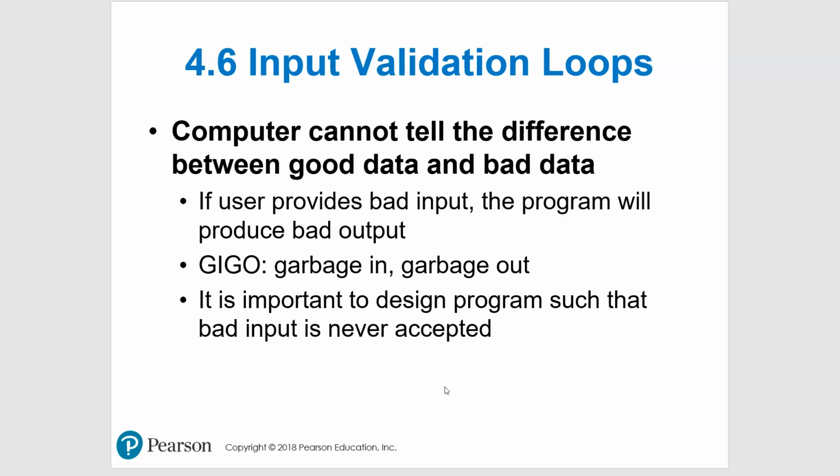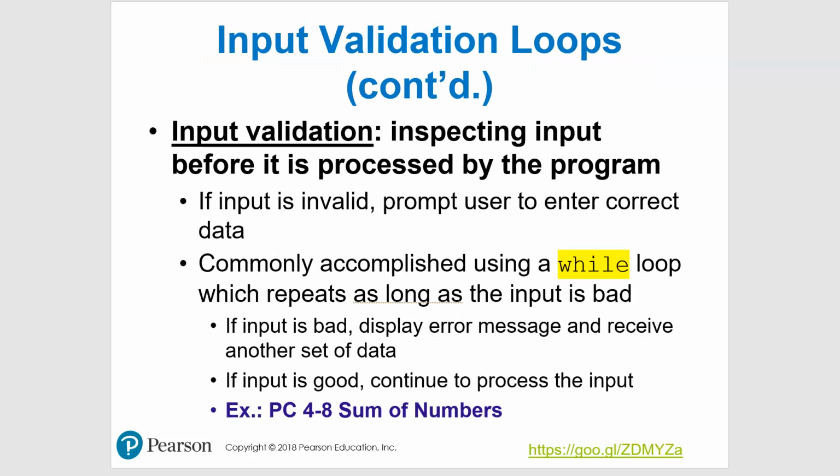And so the way that we're going to do that is we're going to add a test in here, and we're going to check the user input. As we are inspecting the input from the user, we're going to help them. And so if data is entered that is incorrect, then we're going to say, hey, wait a second.